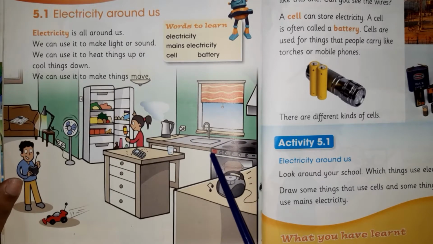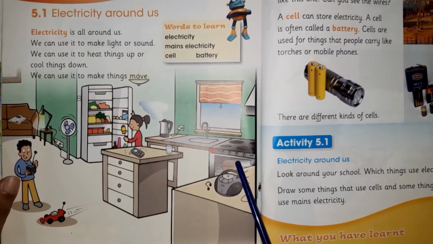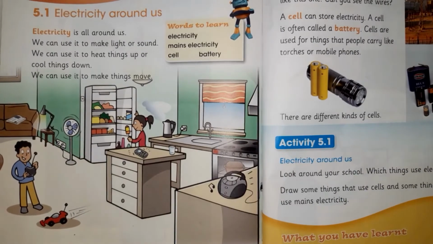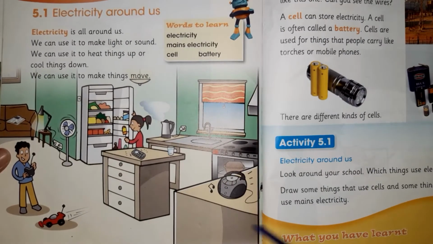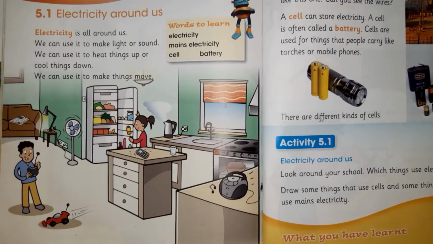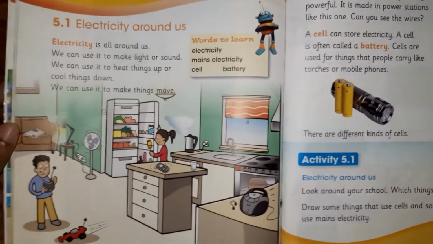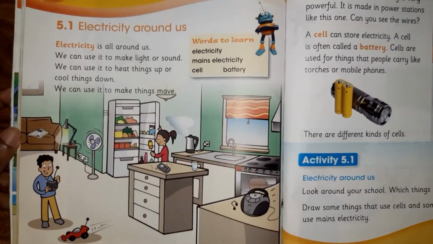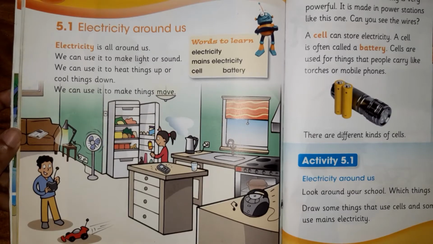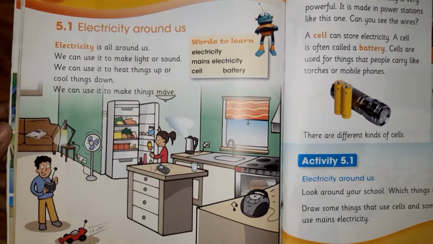You can see the red light here, and it is also connected to the wall socket, and they are taking the power from mains electricity. Okay, so we learned here that we can use electricity in 2 ways, that are from cells, that means batteries, and also from the mains electricity.